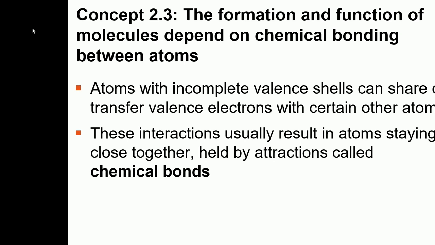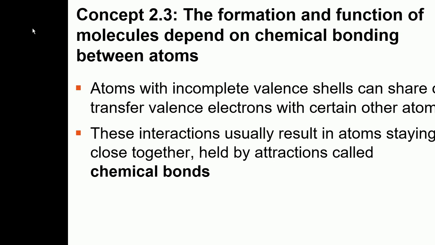So now, as we talked in the last lecture, in the last part of chapter number 2, we talked about how there are some atoms in which the outermost shells are completely filled, and some atoms in which the outermost shells are not completely filled. If the outermost shell, which is the valence shell, is not completely filled, then the atom is unstable.